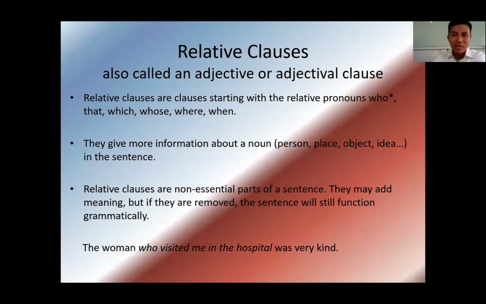And then you give information: who visited me in the hospital. Maybe there is only one woman who visited you in the hospital. So to be more specific about which woman you mean, you can add a relative clause to give extra information, so people will not be wondering. The woman who visited me in the hospital was very kind.